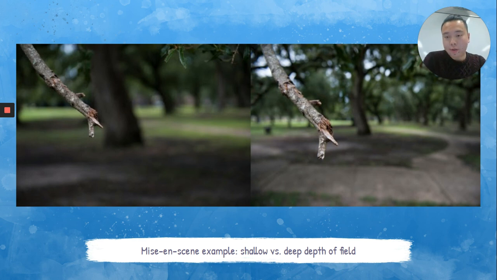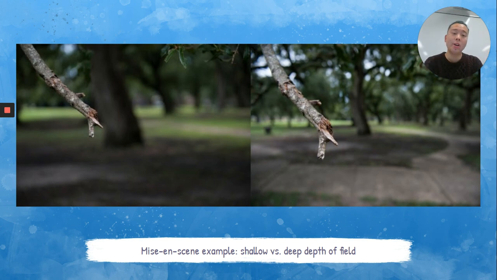This is a wonderful image or photograph that illustrates depth of field and focus really well. So on the left-hand side, you'll notice that only the tree twig or the branch is really in focus. The rest of the image is very blurry. Now, we call that shallow depth of field because there's a small area that's in focus and a large area that's out of focus, blurry.